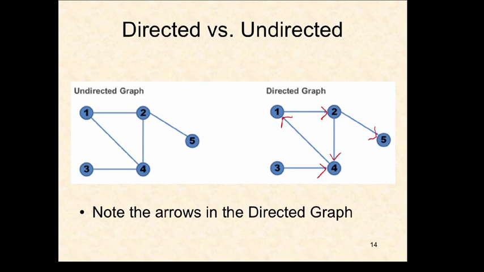In the directed graph, though, I can only go from 1 to 2, and then I can go from 2 to 4, but there is no direct edge going from vertex 1 to vertex 4. So they're sort of independent. We can have a simple path whether we have a directed graph or not.